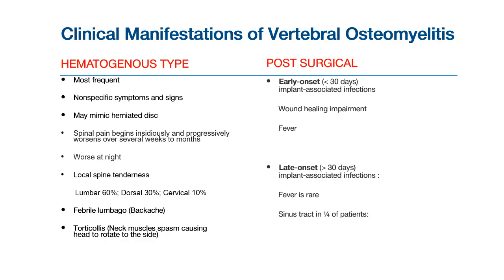In early onset, less than 30 days post-surgical infection, the presentation is impairment of wound healing and fever. In late onset, more than 30 days post-surgical, the presentation is sinus tract formation, pain, and maybe a focal neurological sign, but fever is rare.